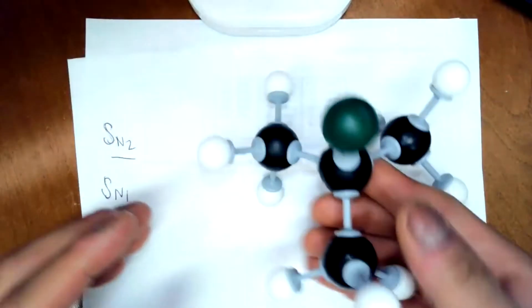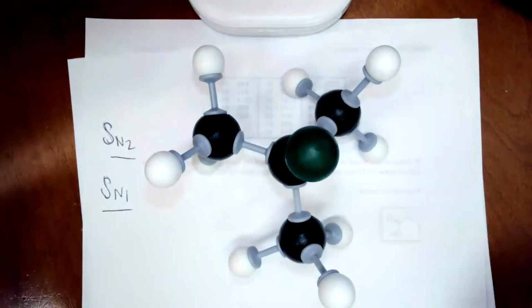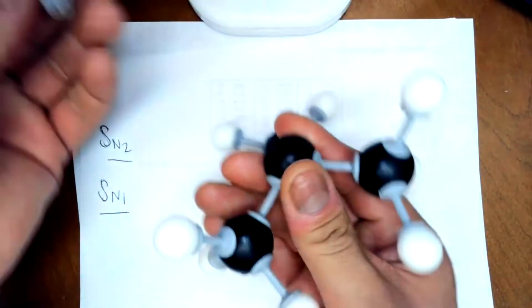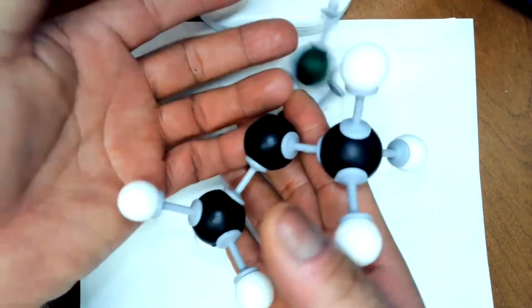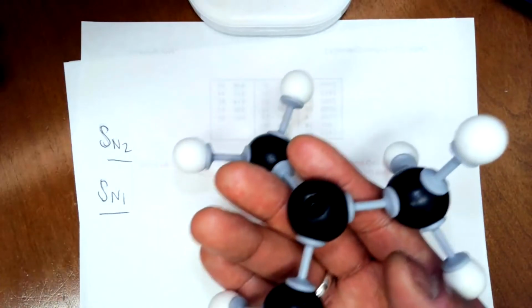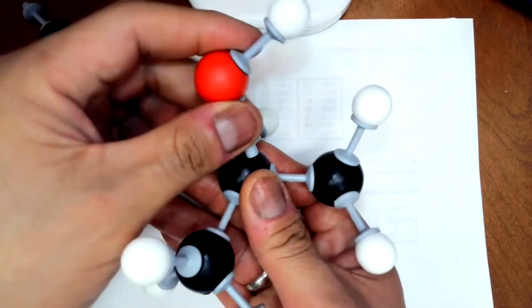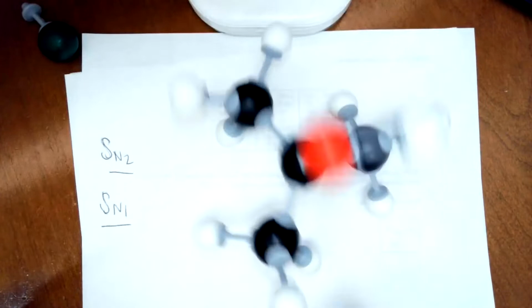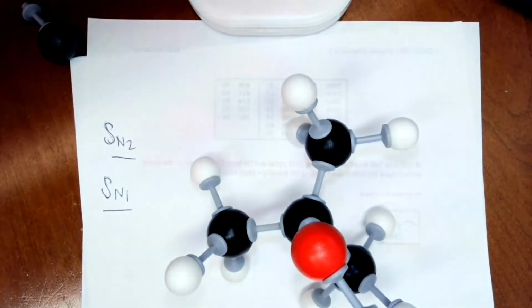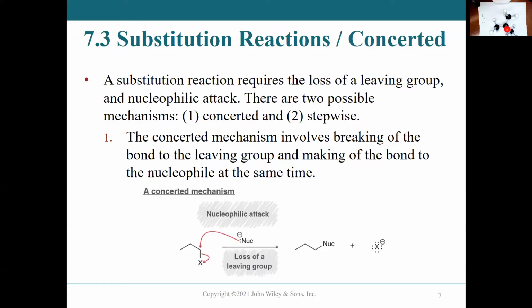In the SN1 reaction, you have 2 steps. It's a big molecule, then the leaving group leaves first. That's step 1, the dissociation of the leaving group. And then second is the nucleophilic attack. Once you have the nucleophilic attack, that's how you complete the substitution reaction. So it's a better way to explain this reaction, definitely by using these models.